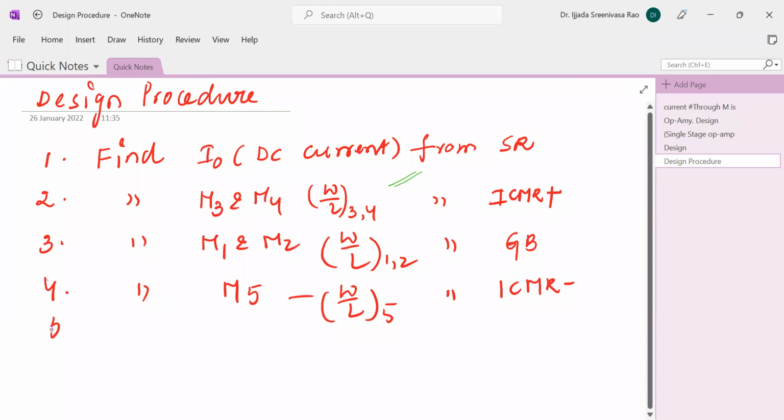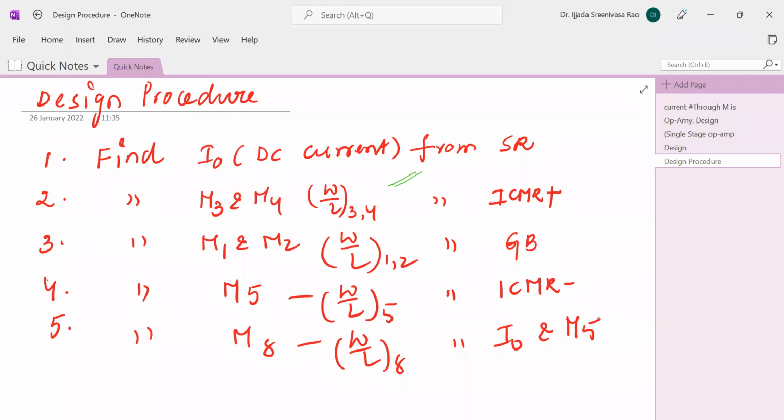And the next step is find the M8 transistor W by L ratio from I0 and M5. Got it? This is the procedure. Understand?